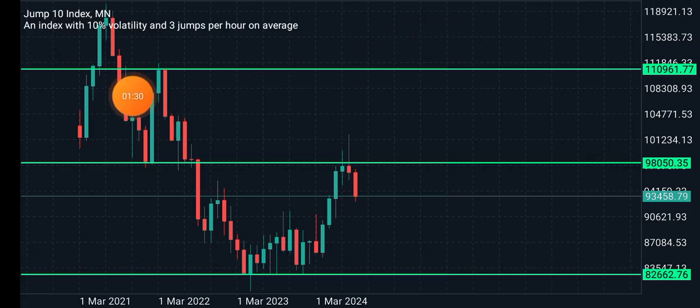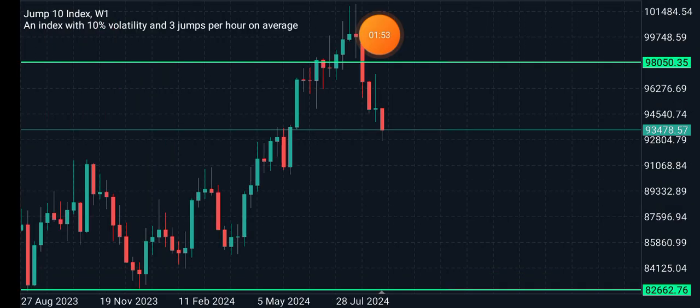Price went down, retested this, went down to break this, and then it has come back to retest. So we are looking at the price coming down, and the movement to the downside will always be on a lower high, lower low basis.